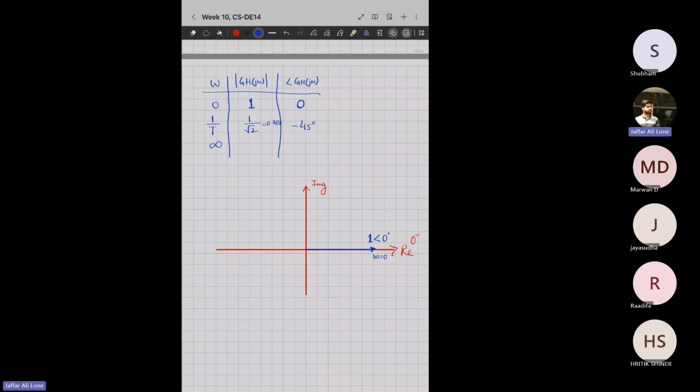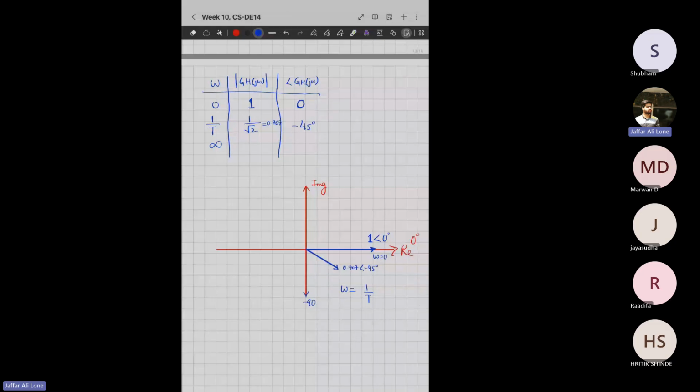So it will be somewhere here, at 0.707 angle minus 45 degrees. Why minus 45? Because if you go this way it is minus: this is minus 90 or plus 270. So a minus angle goes clockwise, correct?